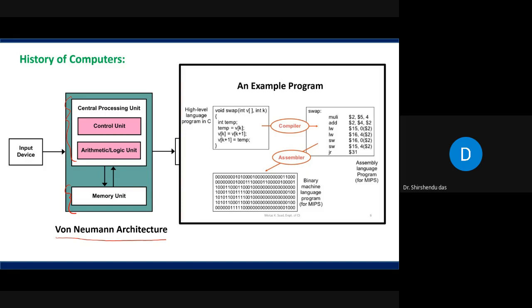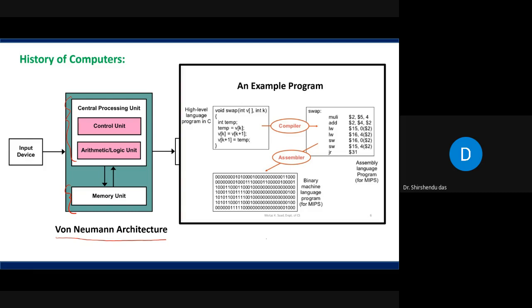Okay, if this point is clear, the next question is how we store binary information in memory. How we store binary means how we store 0 and how we store 1. Suppose you can invent two mechanisms: mechanism 1, how you can store 0 in memory, and mechanism 2, how you can store 1 in memory. Then that's done, right? You can just replicate these two mechanisms and store any sequence of binary.